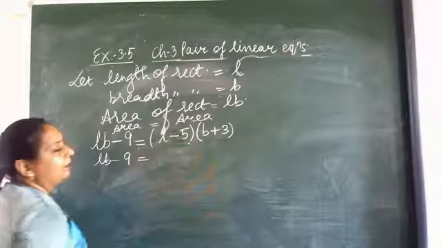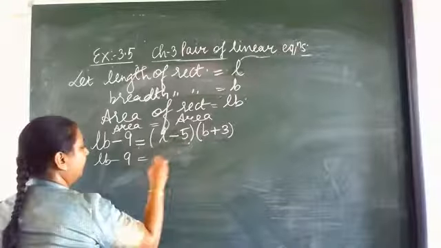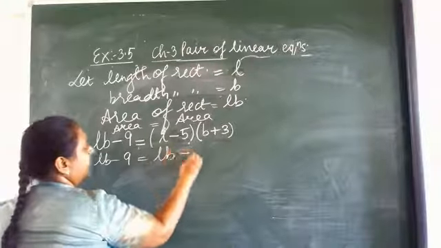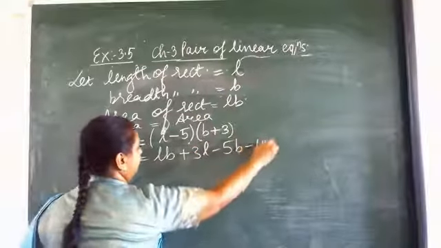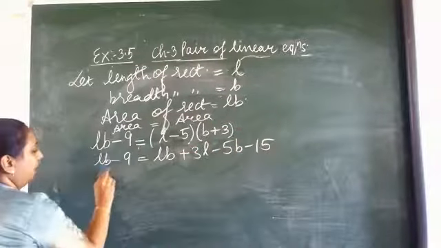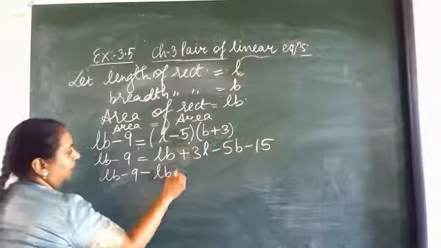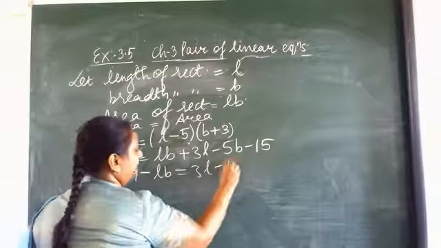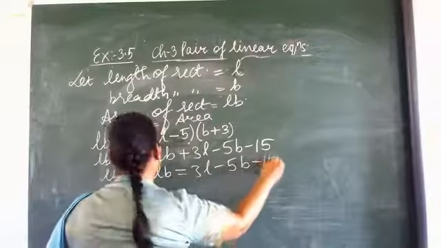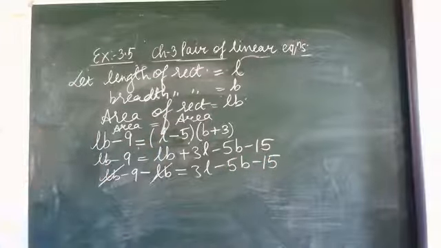Now we solve these two expressions, LB minus 9. Now these two binomials are multiplying each other. We get LB plus 3L minus 5B minus 15. Now LB minus 9 is equal to LB plus 3L minus 5B minus 15. Now LB and minus LB cancel out.